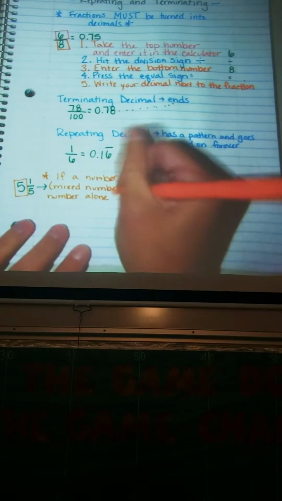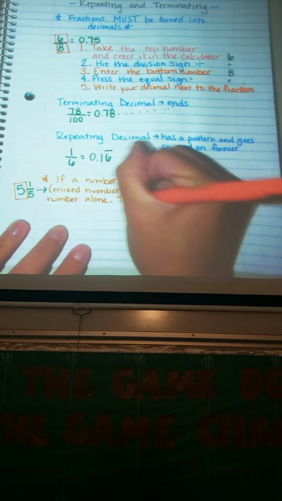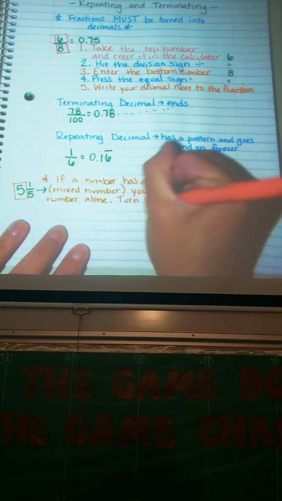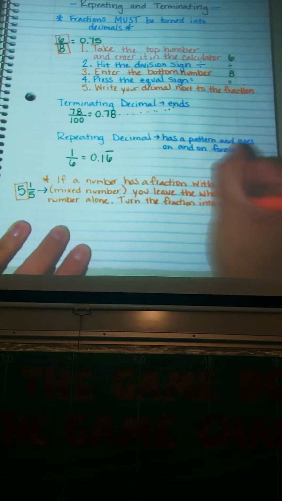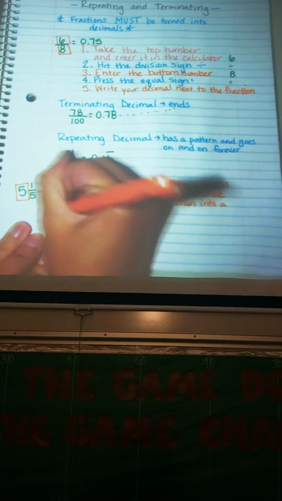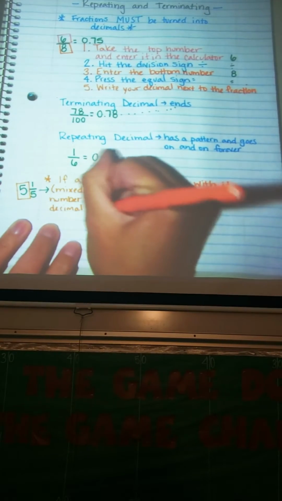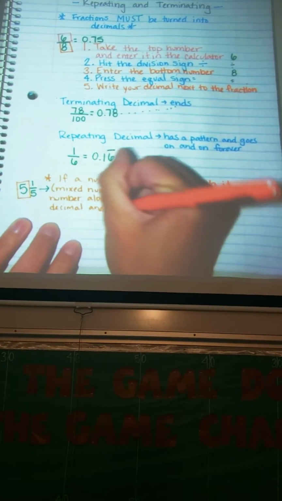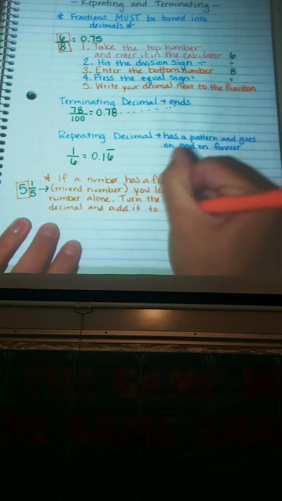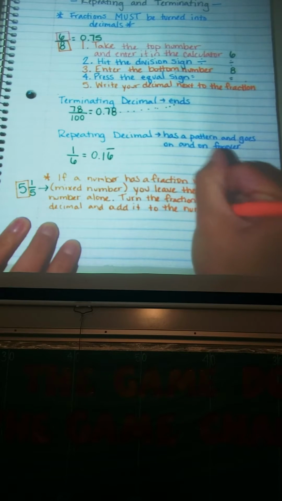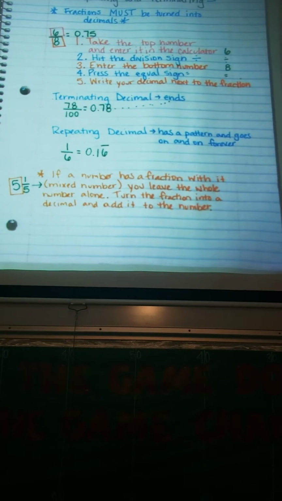Okay. So I'm just going to write what I told you. You turn the fraction into a decimal and add it to the whole number. Or just write it behind the whole number. So our example here.